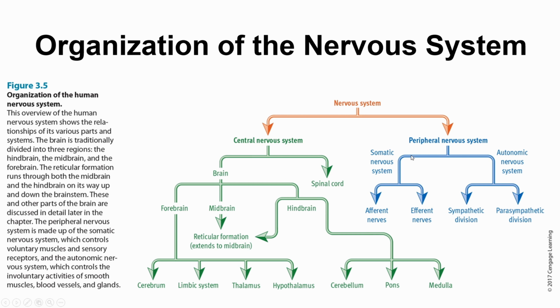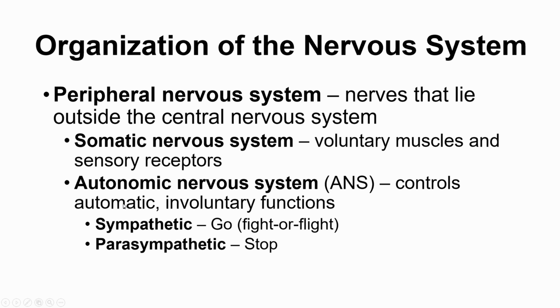And if we hop back to our diagram here, so we've got our somatic and autonomic nervous system, we can also divide our autonomic nervous system into sympathetic and parasympathetic branches. So our sympathetic part of the autonomic nervous system, so it's happening without our control, is sort of our go system.